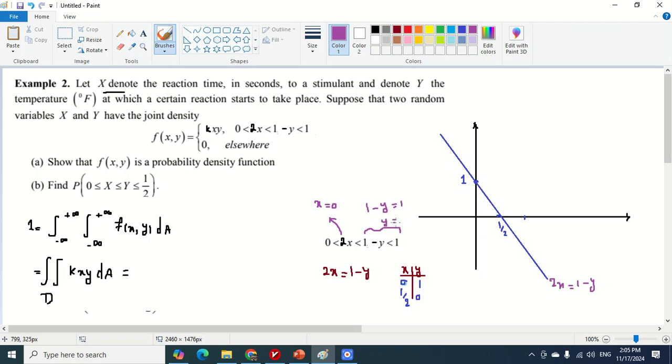For x equal to 0 we have the vertical line, the y-axis, and for y equal to 0 we have the horizontal line.